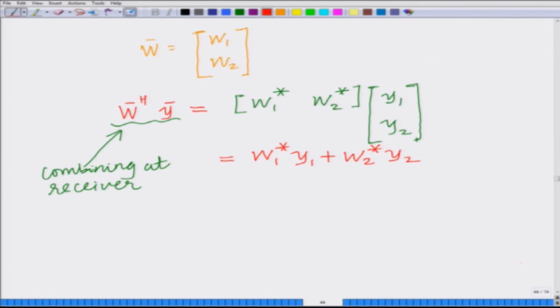That is going to be the only difference when you have complex channel coefficients and therefore complex received signals y1 and y2.